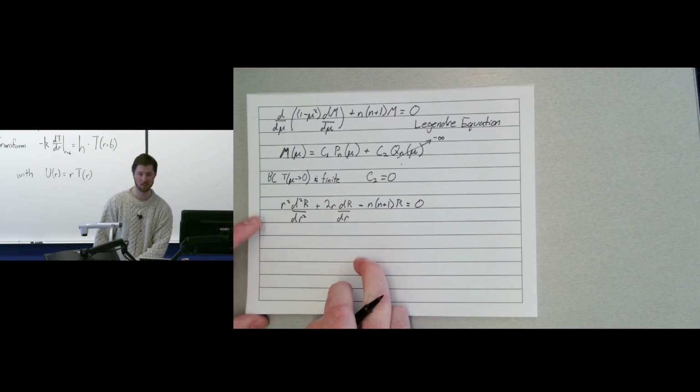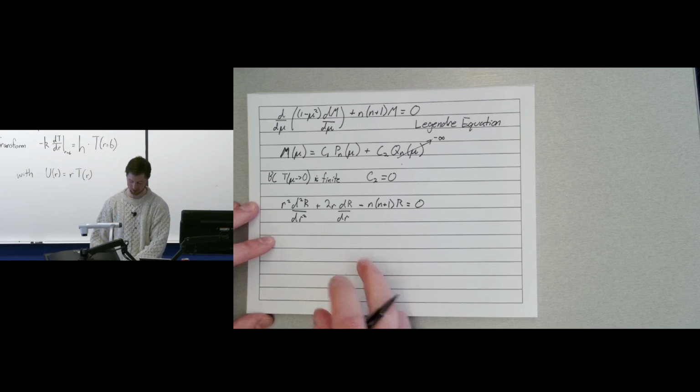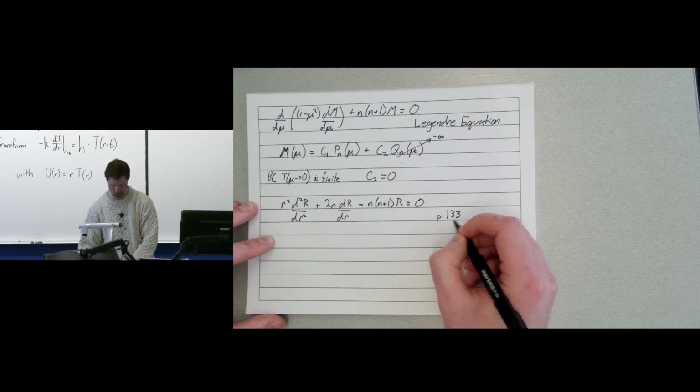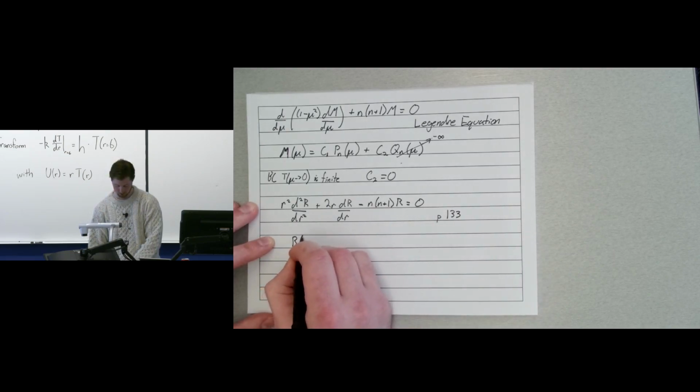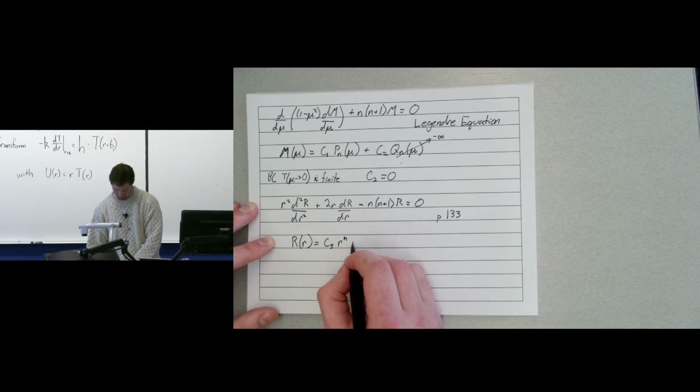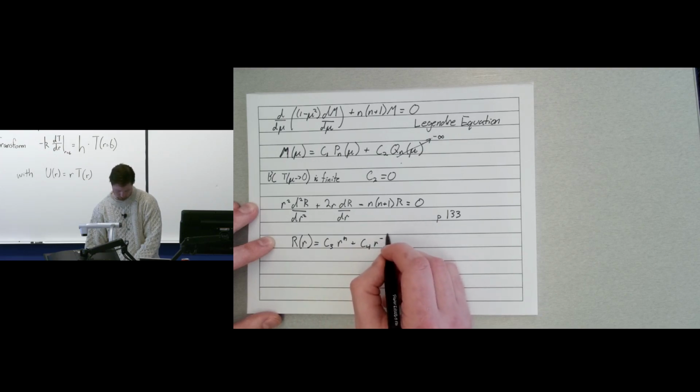Now this equation, who was saying Cauchy earlier? Is that you? Yeah. So this will be our Cauchy equation, which you can find on page 133 in the textbook. But our solution to this will be equal to some constant times r raised to the nth power plus another constant times r raised to the negative (n plus 1).